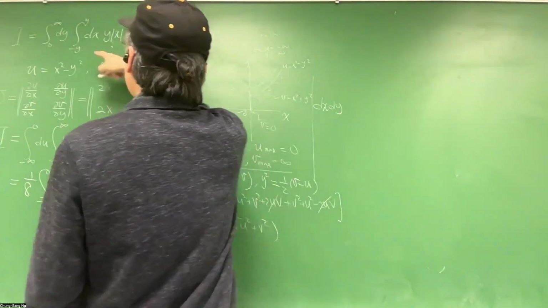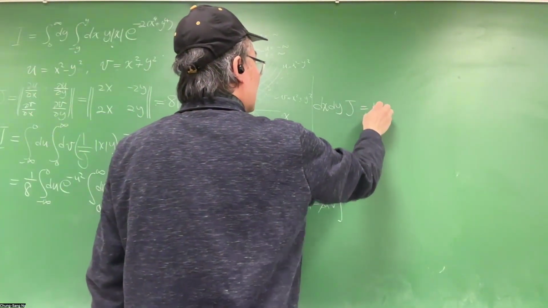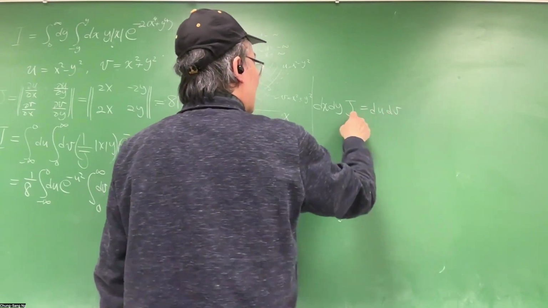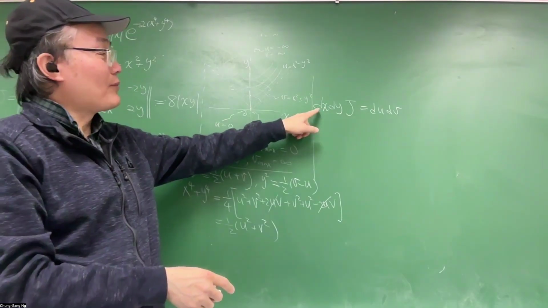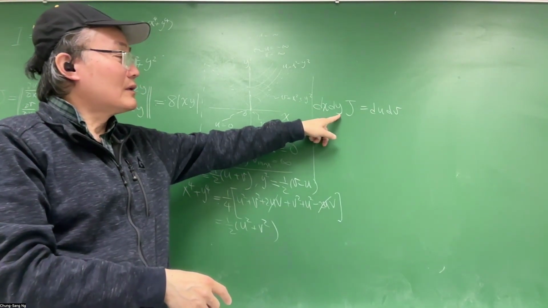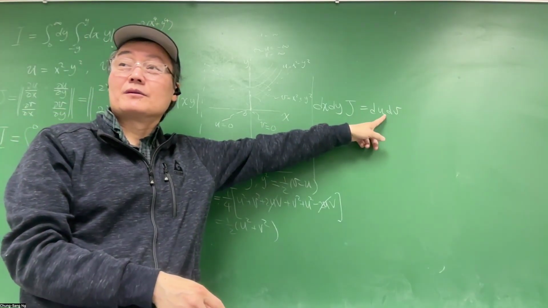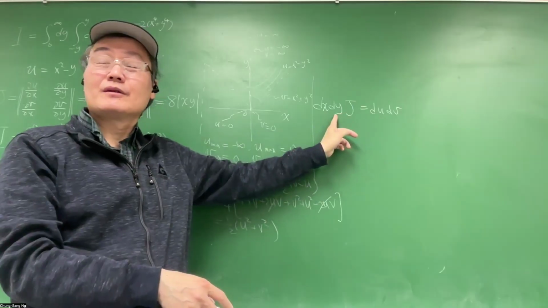Multiply by this Jacobian, if we define the Jacobian this way, so this Jacobian is du dv. Because this Jacobian is the derivative of the new variable with respect to the old variable, right? And then you multiply by the area of the old variable, that will give you area in the area element in the new variable. Right?